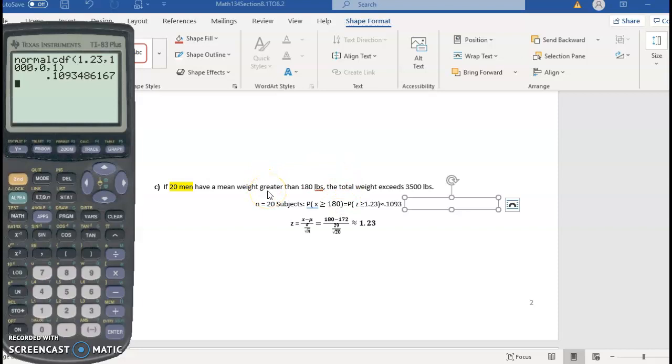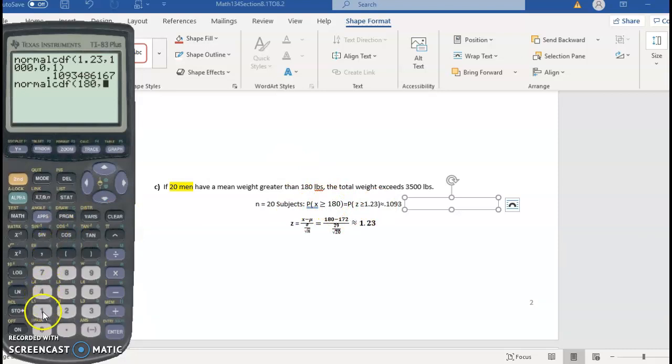What you could do is run the shortcut, where you adjust the values of mu and sigma. This is how you do the shortcut on this particular one if the problem were to say use technology. You're looking at 180, which is your lower bound. We want x greater than or equal to 180.